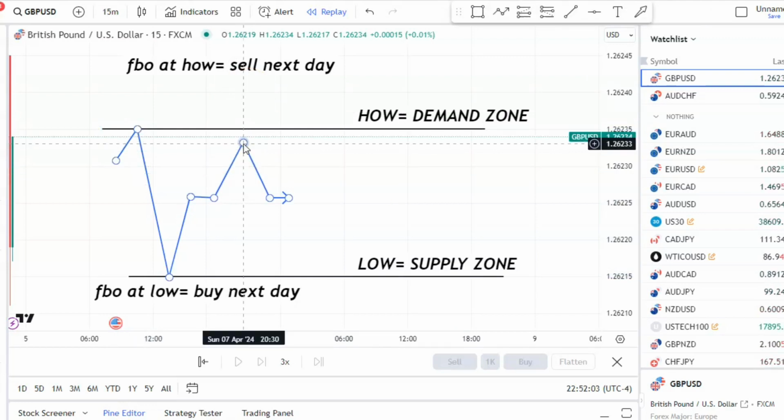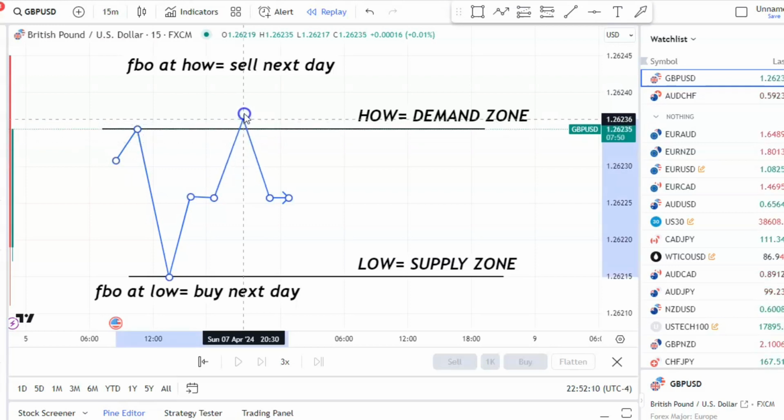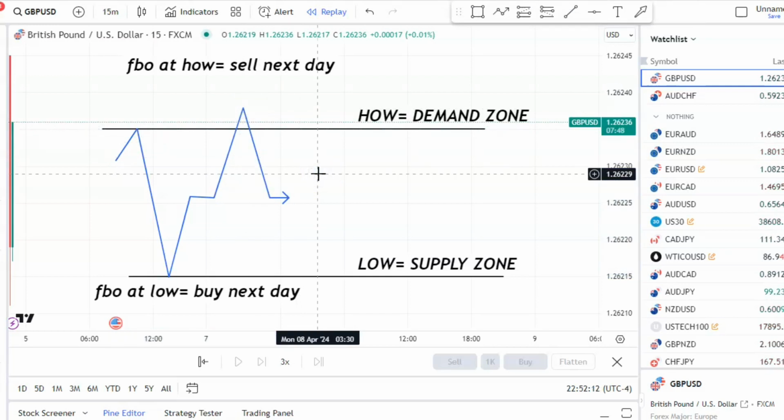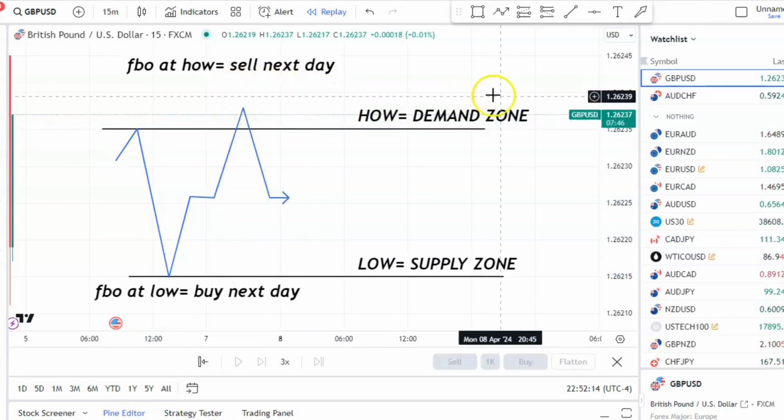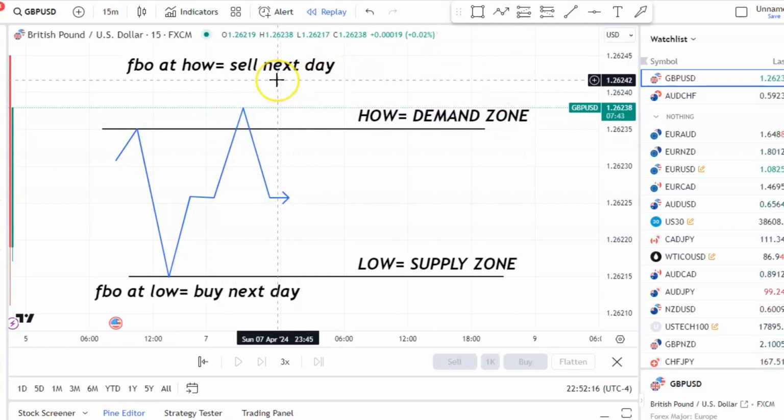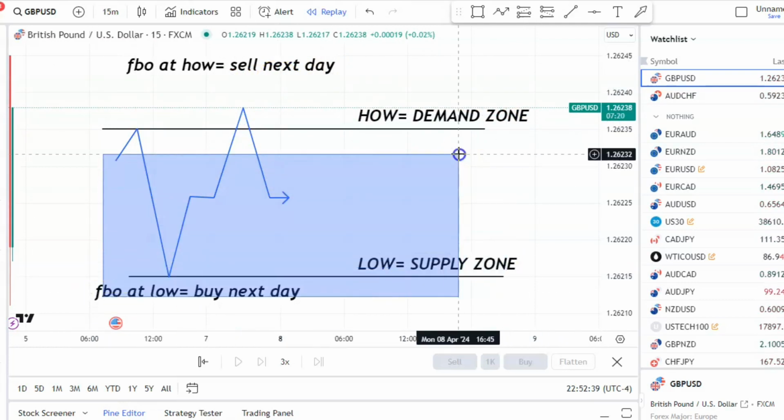So when we get the setup, which I'm going to show you later in the video, if we get that setup at the high of the week, then we have already triggered the demand. So we start selling.